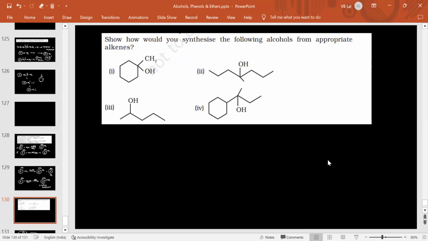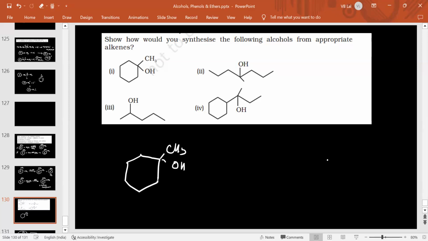Show how you would synthesize the following alcohols from the appropriate alkene. Which alkene? This alcohol, how will I prepare from alkene? So let me write the alcohol here. CH3 and OH.